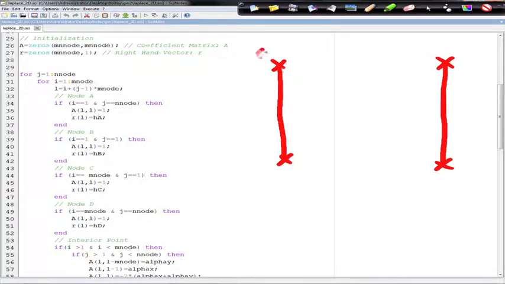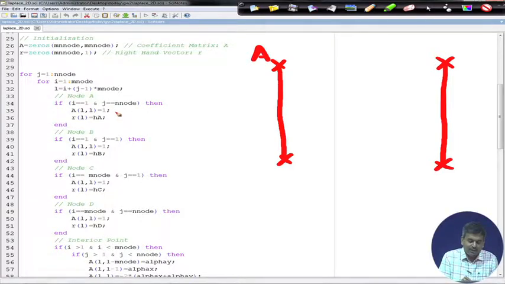So, for node A, it is a specified value, that is why the coefficient is 1 for index L and R L is H A, because we have double or single index in this case.